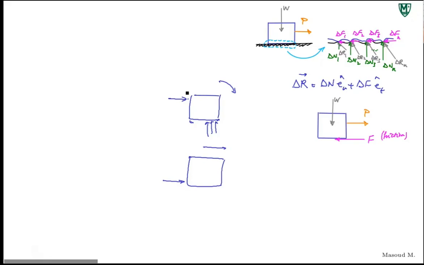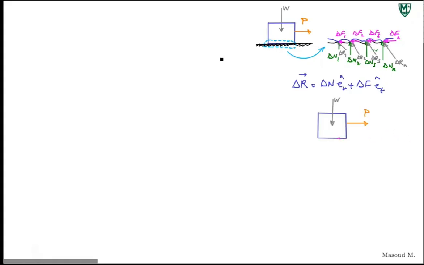Let's say the box has a width of 50 centimeters. Well, the question would be, where should I put this friction force? I know I have to put friction force F and the normal force somewhere.